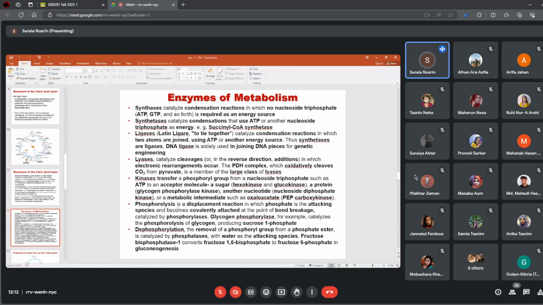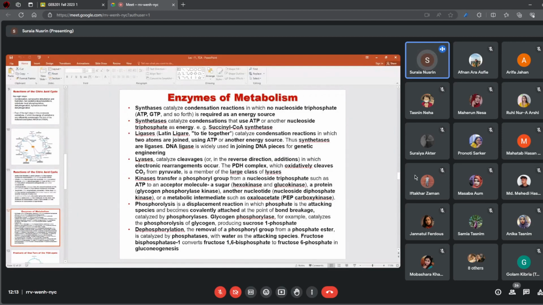And the last enzyme in this list is the enzyme responsible for removal of the phosphate group, or phosphoryl group, from the substrate. The substrate is here called the phosphate ester, and the enzyme is called phosphatase. In this reaction, water is required.